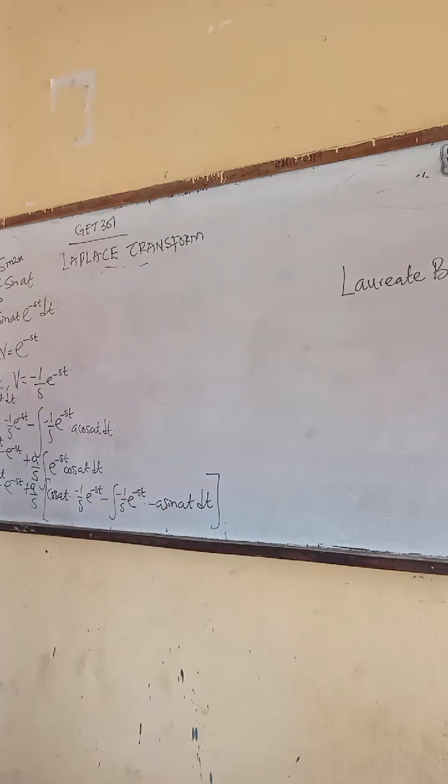Is there an integral there? Okay, there is an integral. Now look at this. We are having the Laplace of sine at. From the beginning, the Laplace of sine at is given by the integral of sine at exponential minus st dt. Now let's see something here.